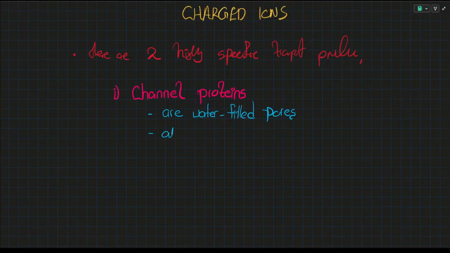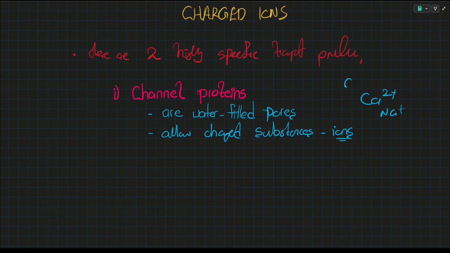Now then, channel proteins allow charged substances to pass through. What do you mean by a charged substance? A charged substance is an ion. So for example, Ca2+, Na+, Cl-. The charged stuff. That's what we talk about.